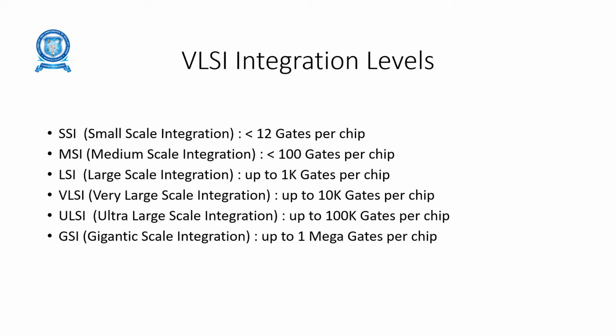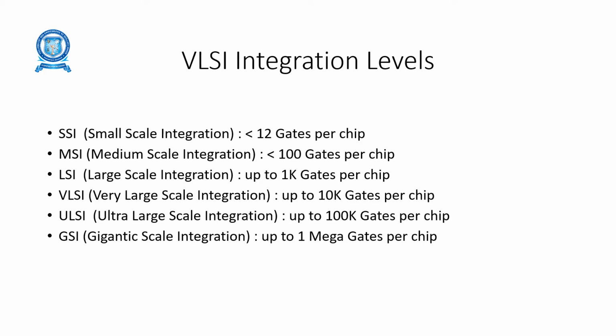Next one, LSI. LSI means large scale integration. In large scale integration, we use up to 1K gates in a single chip. Next one, VLSI. VLSI means very large scale integration. In very large scale integration, we use up to 10 gates in a single chip.